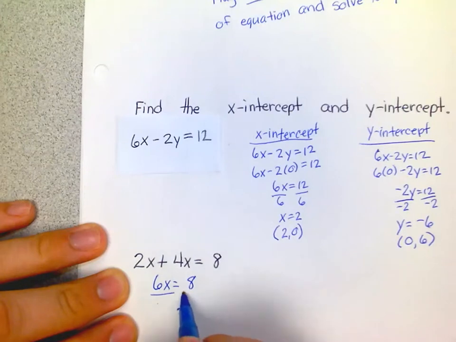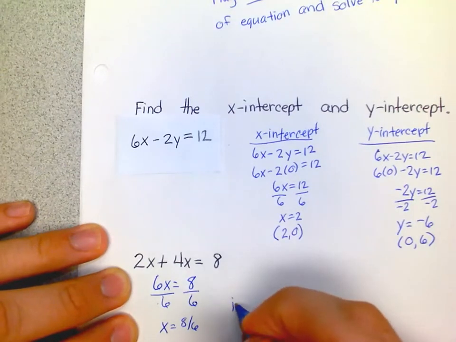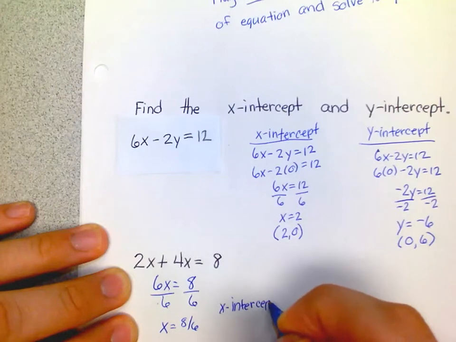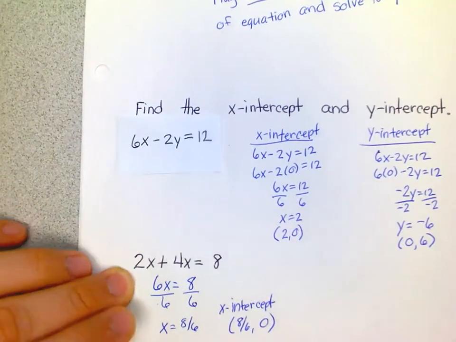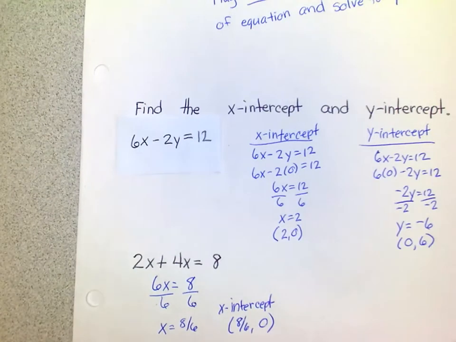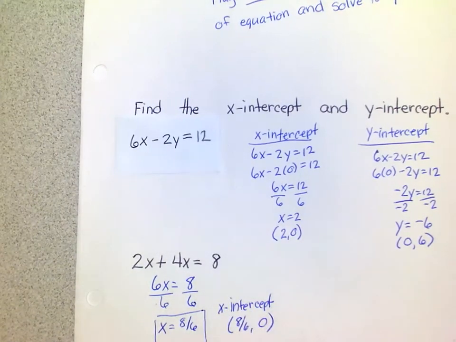So to get x by itself, divide by 6 on both sides, so x equals 8 over 6. So the x-intercept is going to be 8 over 6, 0. And that will be just one point, because as you can see, this is going to be a vertical line where it only hits the x-axis one time. It will hit the y-axis no times.